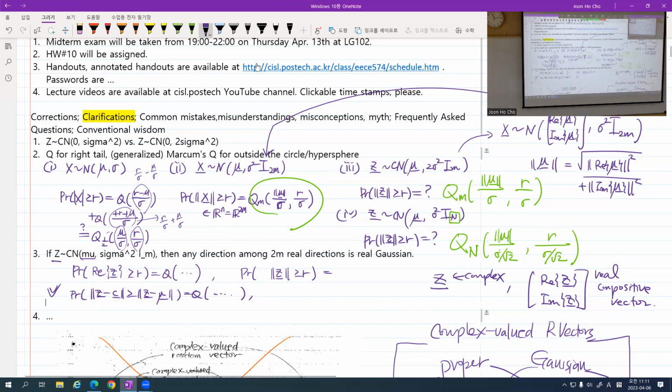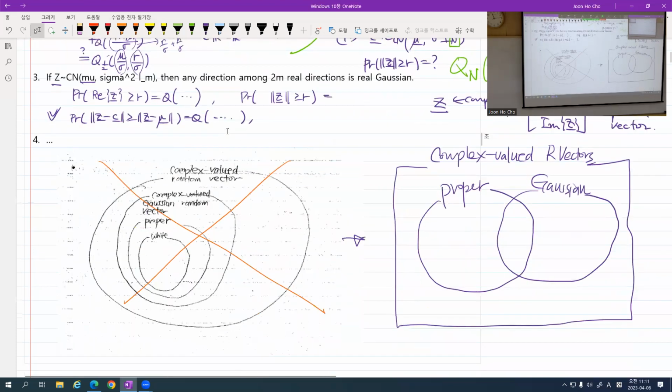By the way, I have found one mistake in my old lecture note, even though I didn't mention it in the last class meeting. Probably my handout has this figure, but it is wrong. So I should correct this into this Venn diagram. Given the set of all complex valued random vectors, you have the subset of proper complex random vectors, and you have Gaussian complex random vectors.